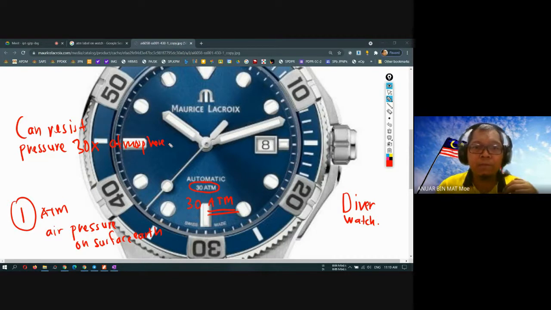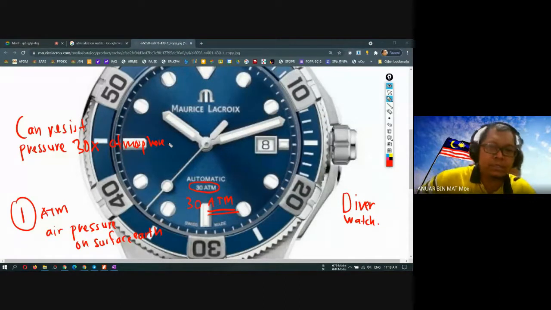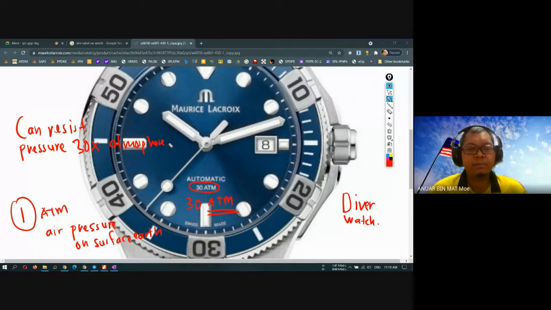30 atm, do you think it is a low pressure or high pressure? Do you think the pressure is low or high? 30 atm. High, yes. 30 atm, very high pressure.